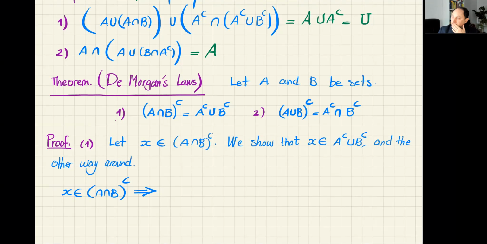That X is not part of A intersection B. Exactly. So that is the logical consequence. When you say that X belongs to the complement of a set, it is 100% guaranteed it is not in the set itself. So it means that X does not belong to the intersection.